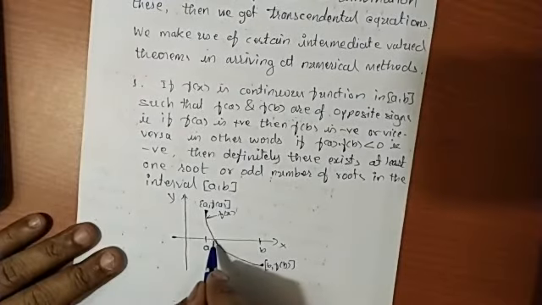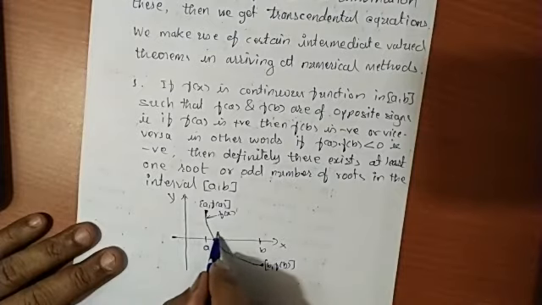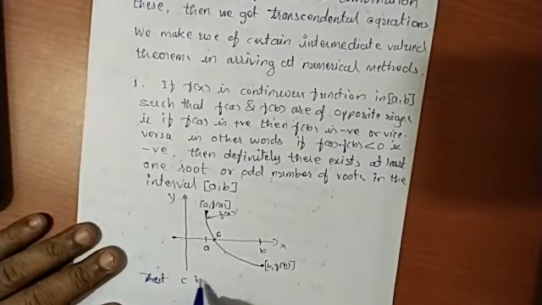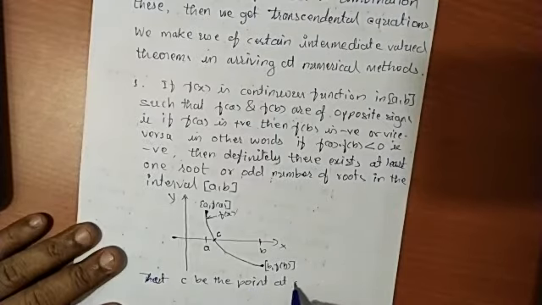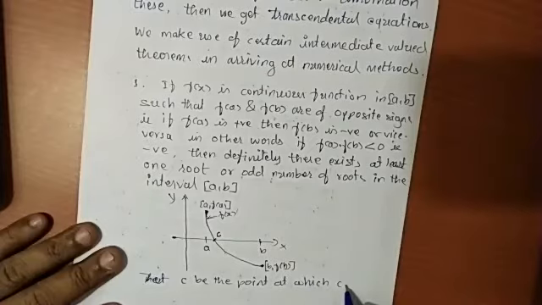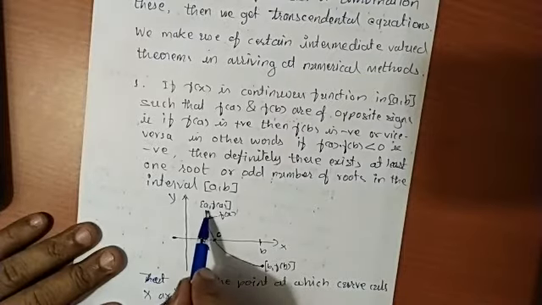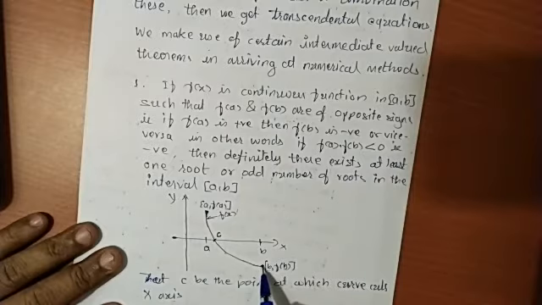Then certainly, at the point of intersection, if I call this point C, let C be the point at which the curve cuts the x-axis. I assumed f of A is positive and f of B is negative.